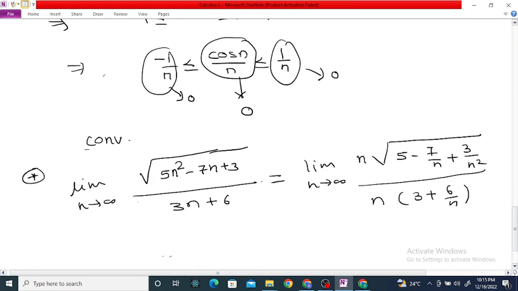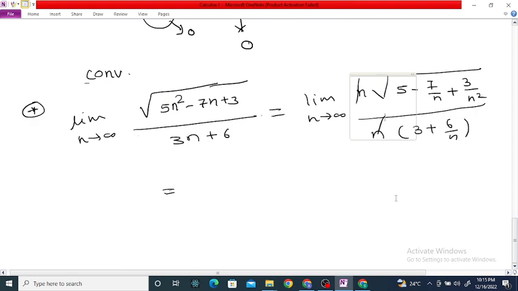Now as n tends to infinity, 7 by n tends to 0, and 3 by n square tends to 0. So this is equal to under root of 5 divided by 3. So this is the limit of the given sequence.